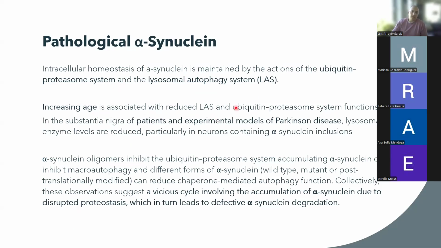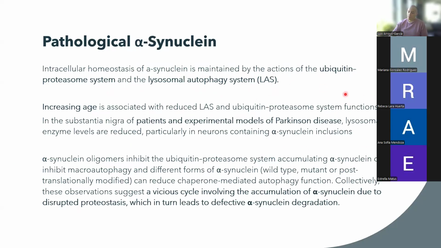This is what I was saying, right? This is called the ubiquitin proteasome system and the lysosomal autophagy system, both of them. As a rule, with increasing age, these functions are affected.